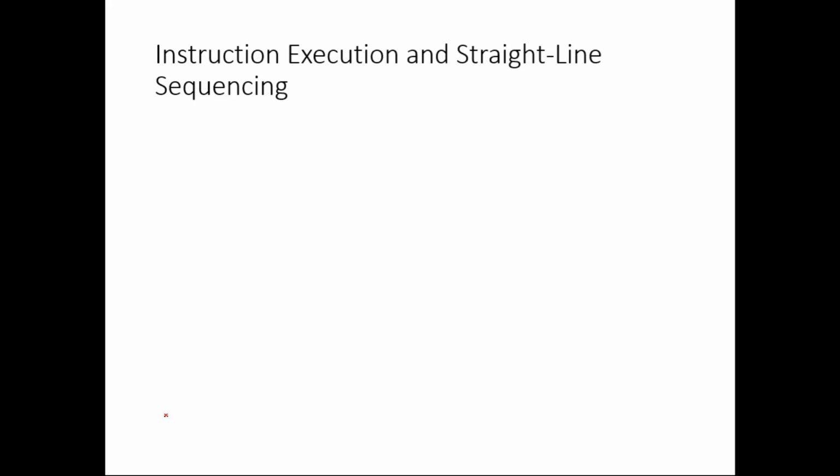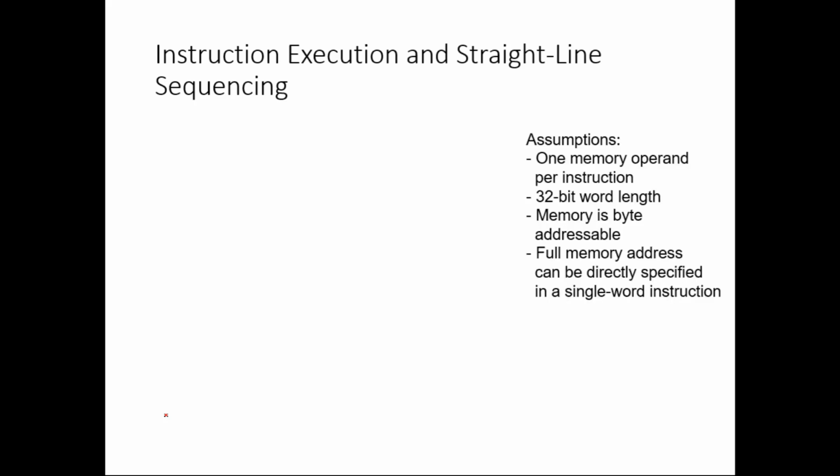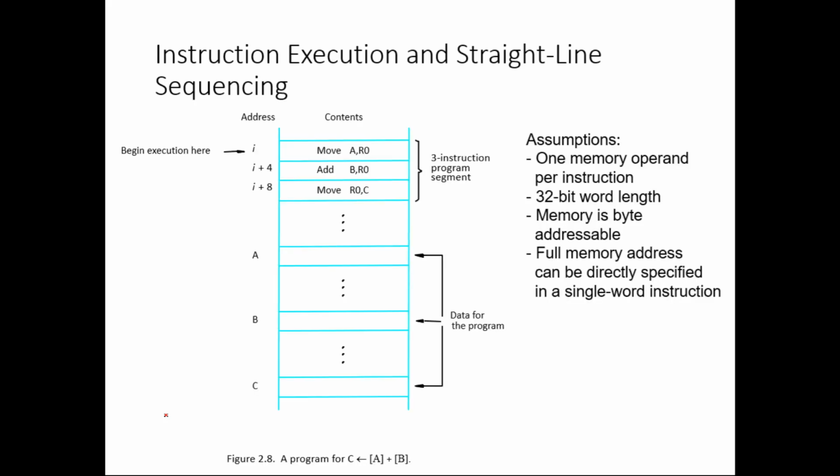The next thing that we'll be discussing is instruction execution and straight line sequencing. Generally in a computer, the instructions will be executed in a straight line. That is, the instructions will be executed one by one, until and unless it is disturbed by a loop or by a control statement.